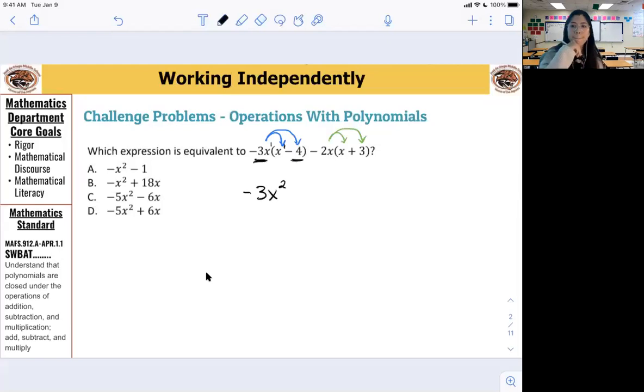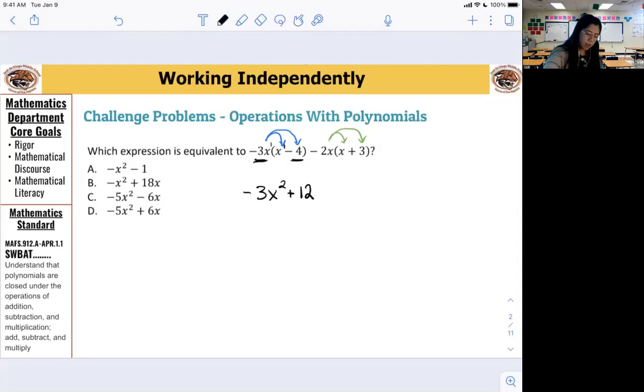What do I get? Positive 12x. Is it negative or is it positive? It's positive. Why is it positive? Because a negative times a negative equals a positive. So it's positive 12x. Just always be thinking about those little tiny rules when you're multiplying.